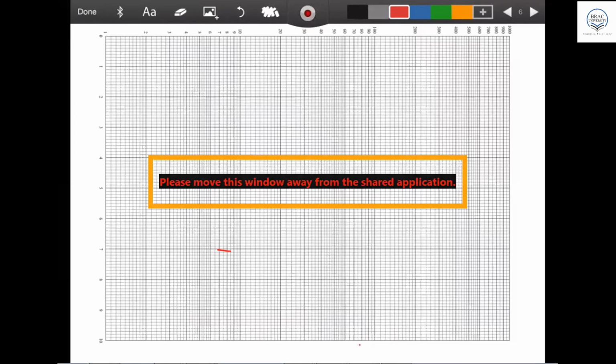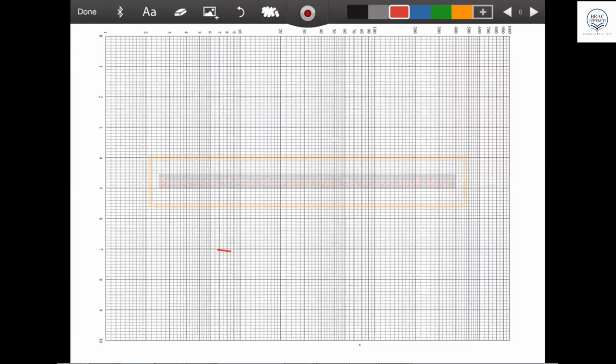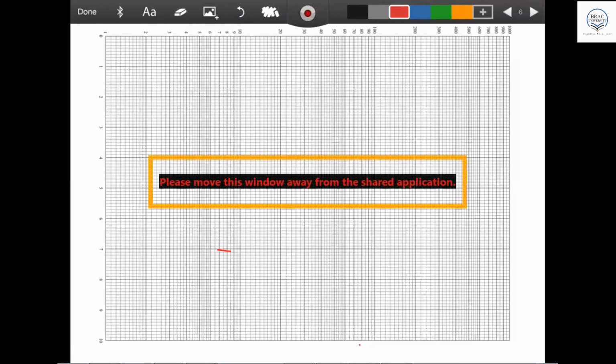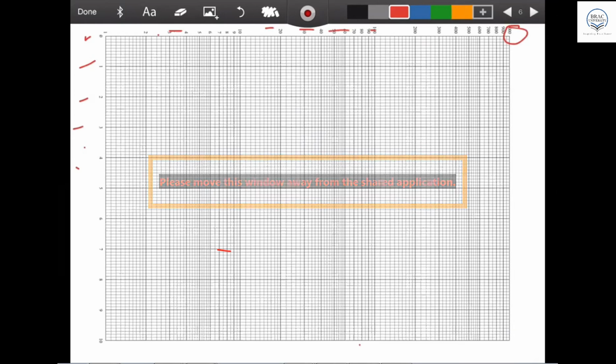Okay, can you see the screen? Yes, sir. Okay, all of you, please keep your semilog graph paper in front of you in this way, so that this is 0, this is 1, 2, 3, 4, like that, and the logarithmic axis 1, 2, 3, 4 is horizontal, so that the highest one, 1000, will be at the right corner. 0 and 1 should be in the left corner.